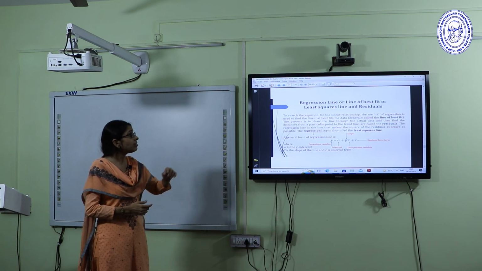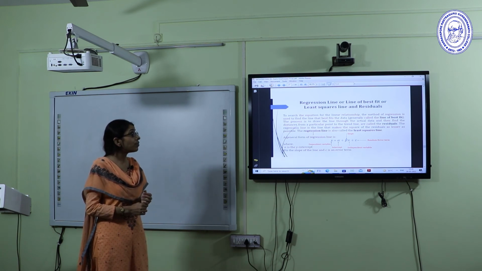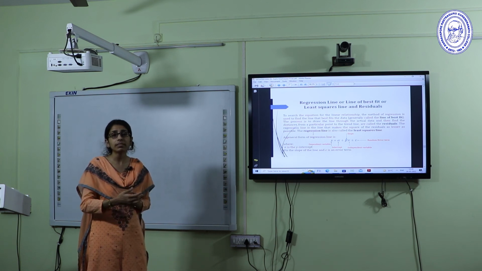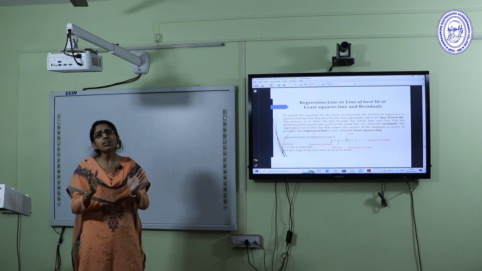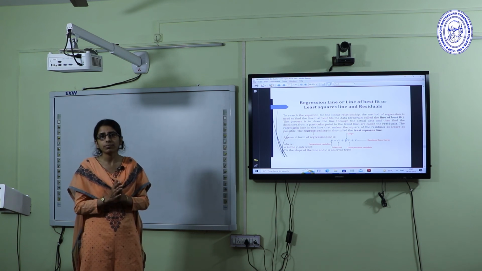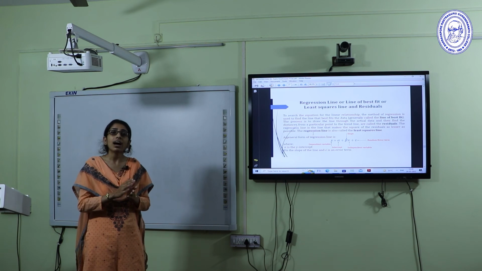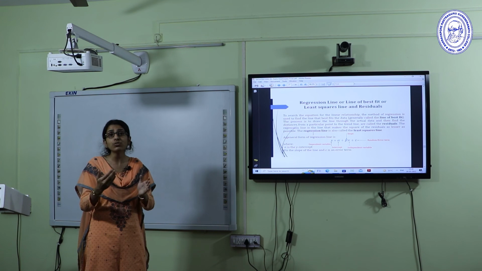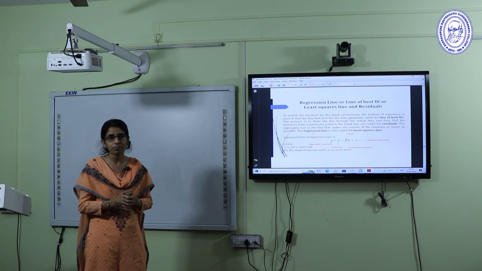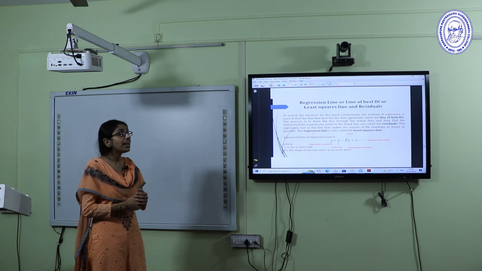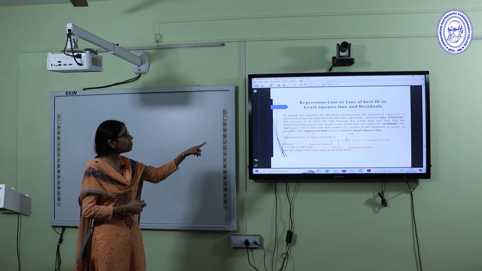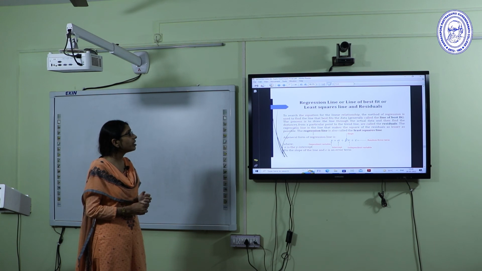And the third one is epsilon, the random error term. Due to sampling procedures or methods, a number of errors sometimes occur, which are also the unexplained part of the regression and not determined by us. That is called the random error term. So this is the general mathematical form of a regression line.